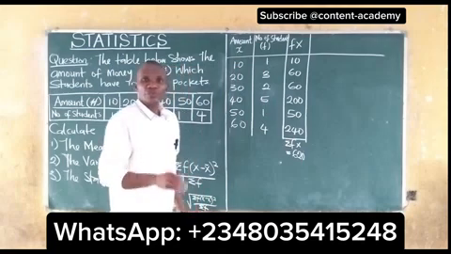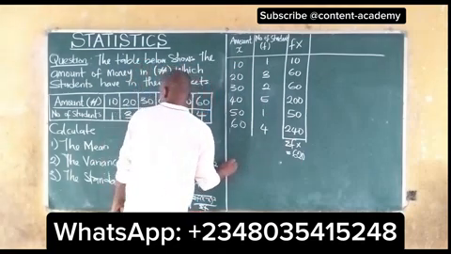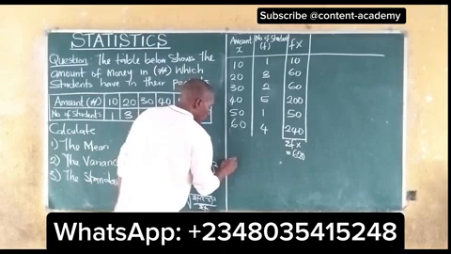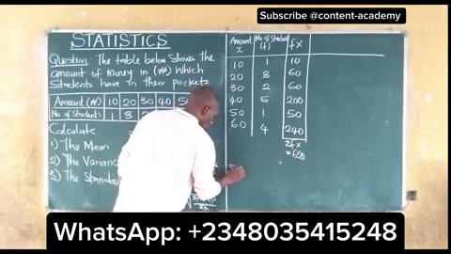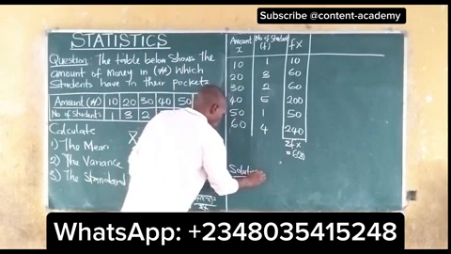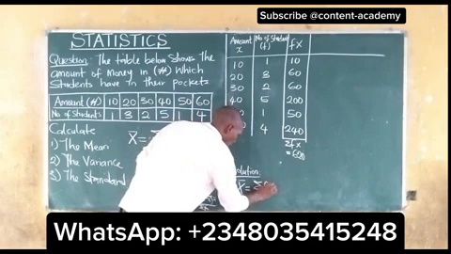Now we'll have to write out our mean. The solution for number 1: our mean is equal to the summation of f of x all over the summation of f.